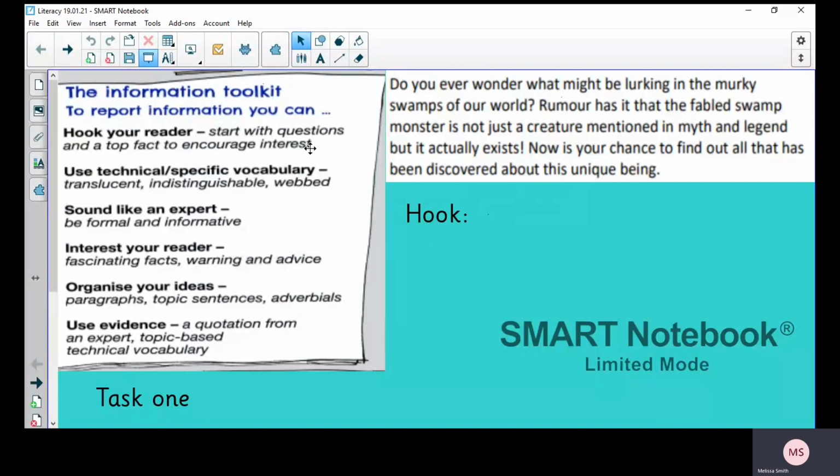So you could use this one here about it being a real creature, actually exists, despite the fact that a lot of people think it's just myth or legend. That's another thing which acts to encourage the reader to continue reading. So that's what I could write here as my example of the hook, the rhetorical question and the fact. Let's look at the next one.